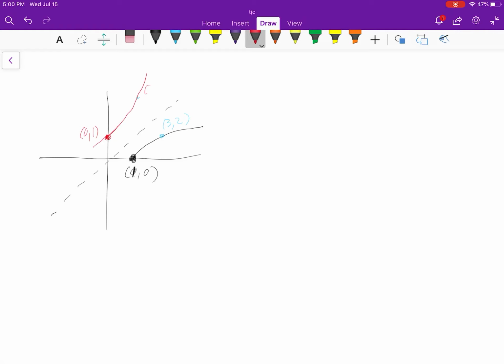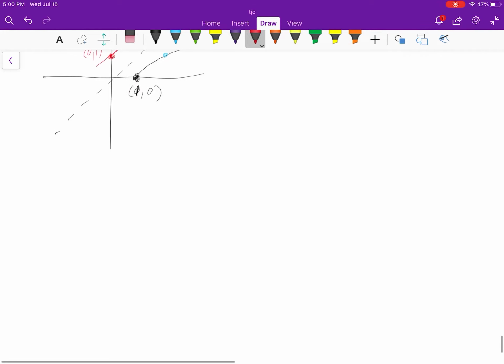All right, so this point will be the point 2, 3. It's going to just switch it. So that's what you do with an inverse, is you're going to map out all the points and switch them on the inverse. Okay, so it's fairly easy to do.